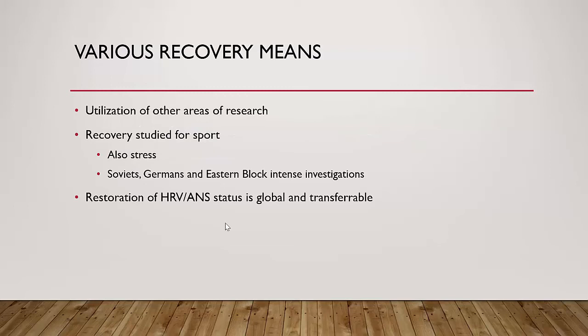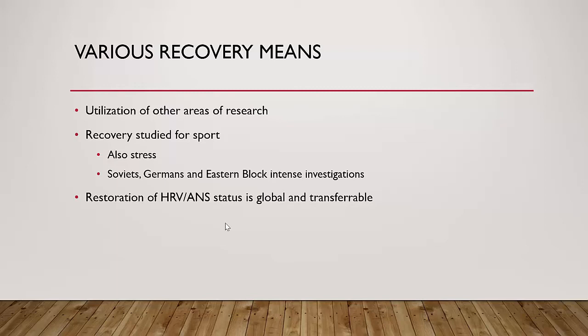Now let's look at some various recovery means. These work for the athletes, but guys, you're coaches, and you need them as well. So we're going to utilize some other areas of research and recovery that was studied for sports. So sport is stress, work is stress. The Soviets, the Germans, and the Eastern Bloc did intense investigations into recovery methods, and we're going to go over some of those.